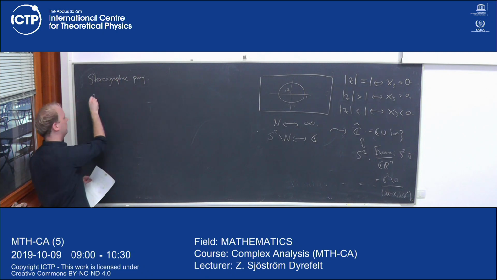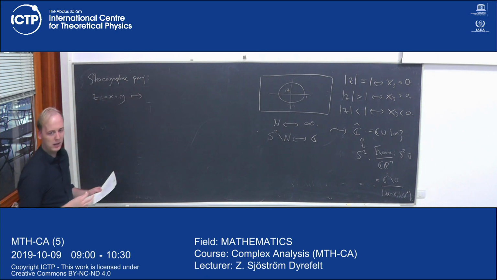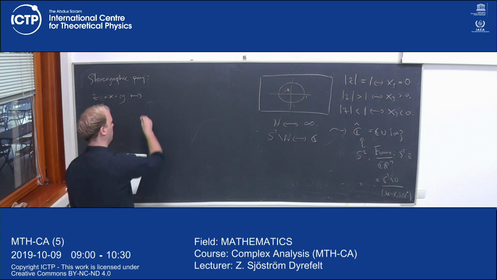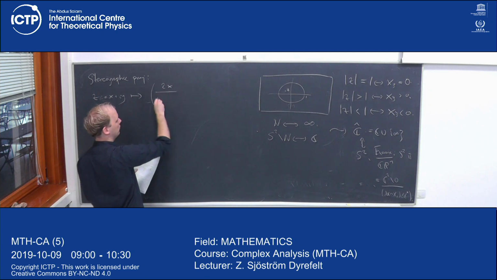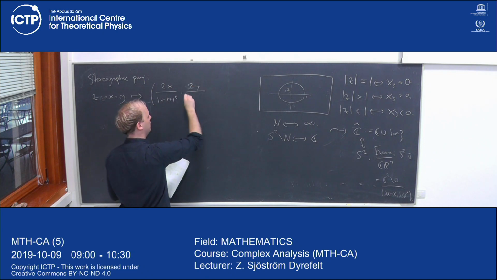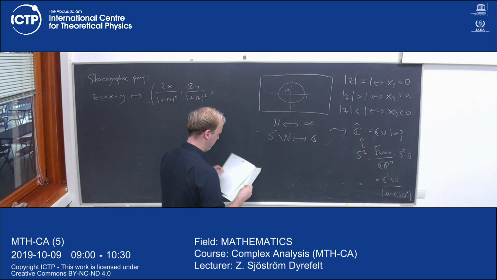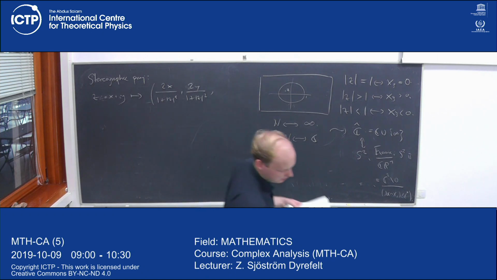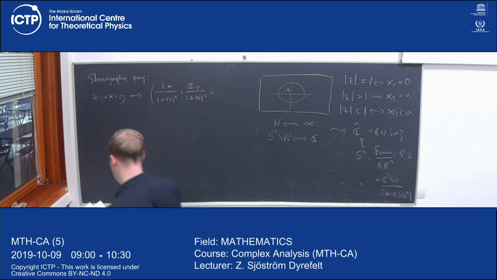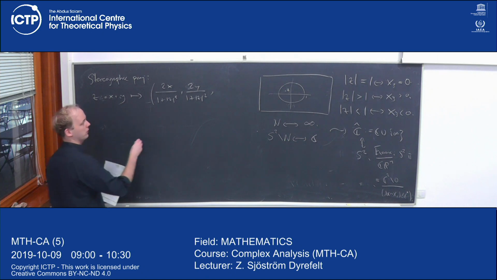This is the map that takes z equals x plus iy into this whole thing that I wrote, 2x over 1 plus |z| squared, 2y over 1 plus |z| squared, and whatever the last one was. I guess I put it somewhere. Does someone remember without us having to recompute the thing? |z| squared minus 1. Yeah.